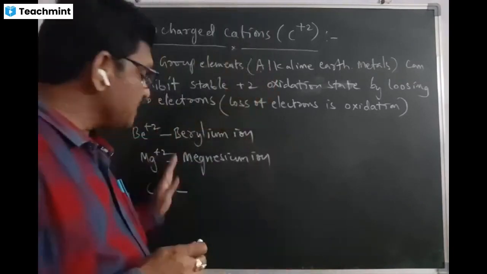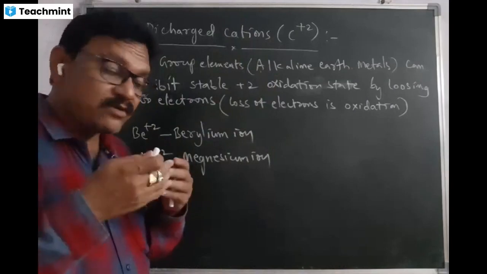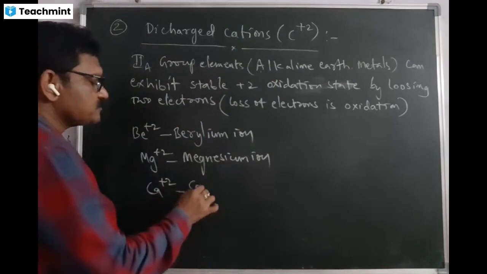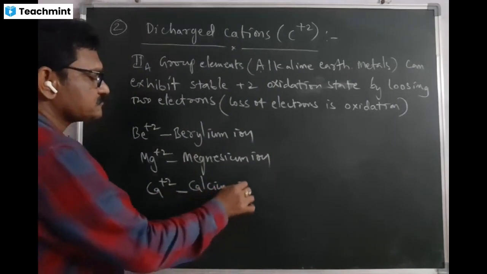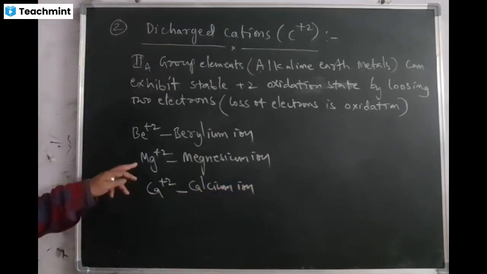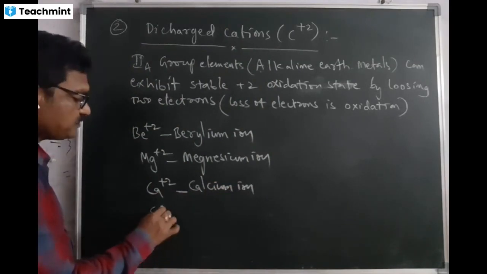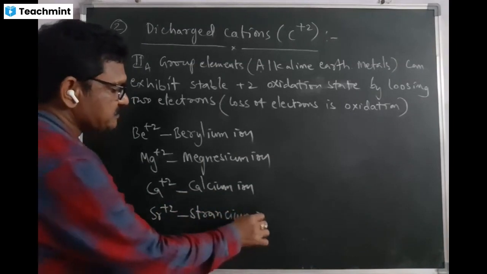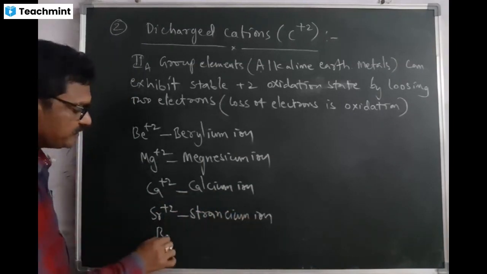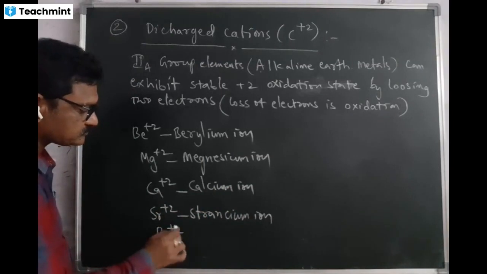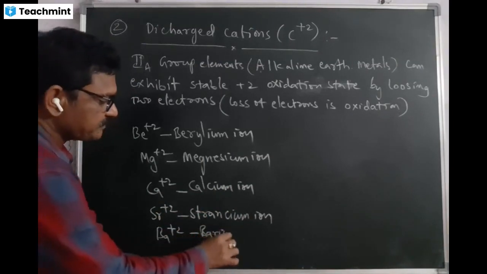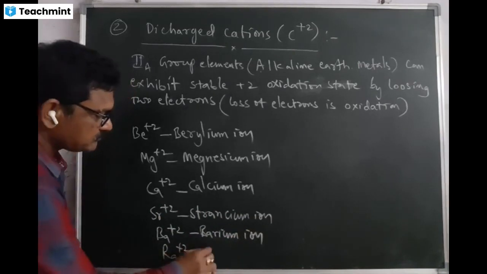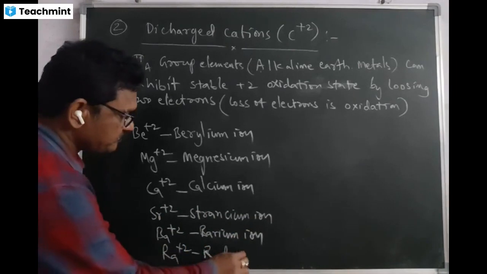Because in this oxidation state, they have octet configuration. Remember that. Sr+2, strontium ion. Ba+2, barium ion. Ra+2, radium ion.